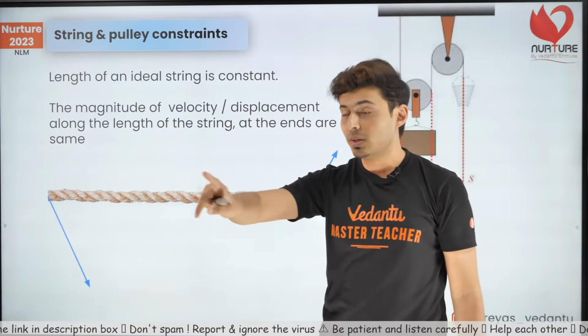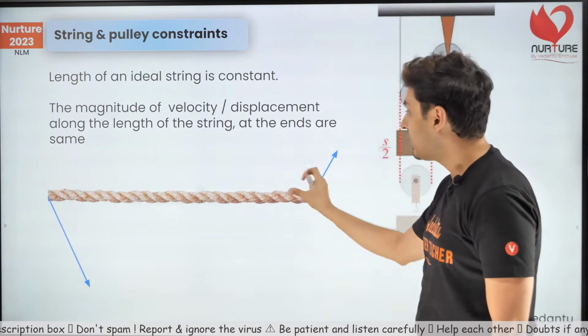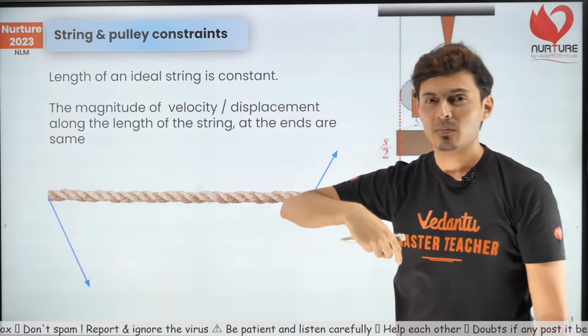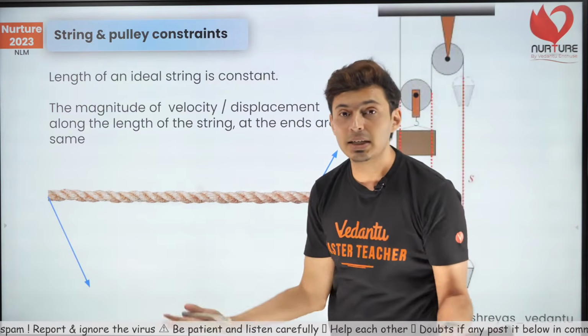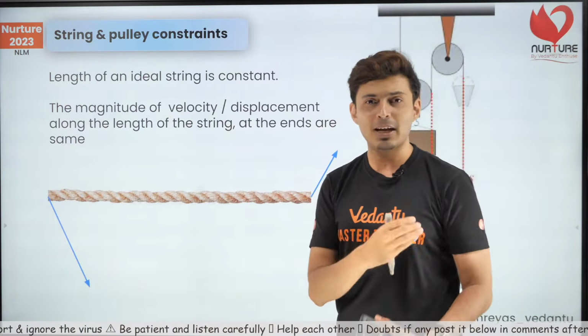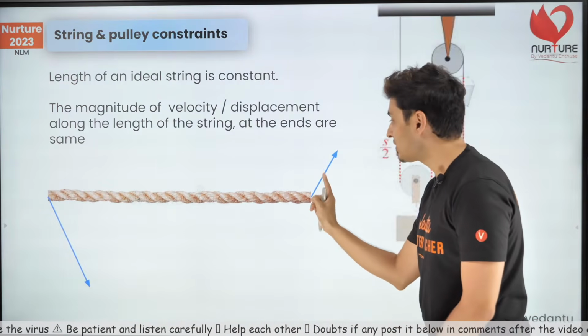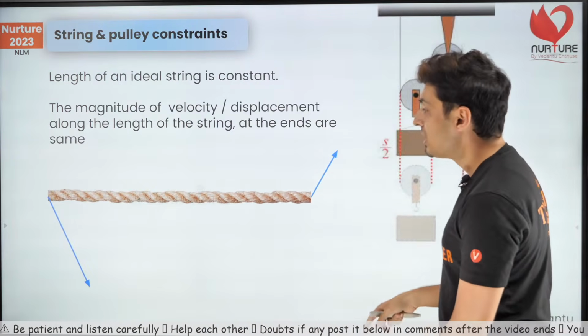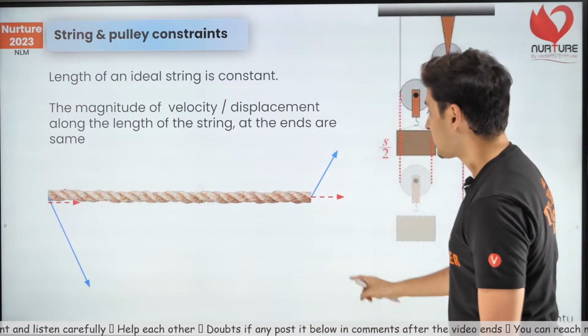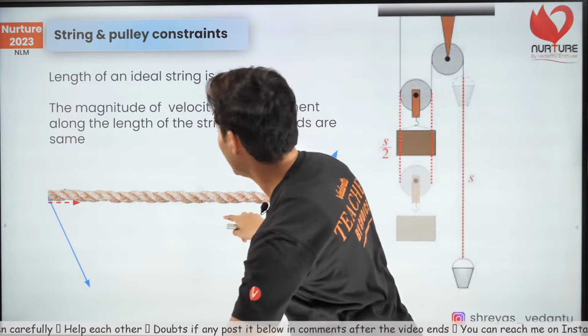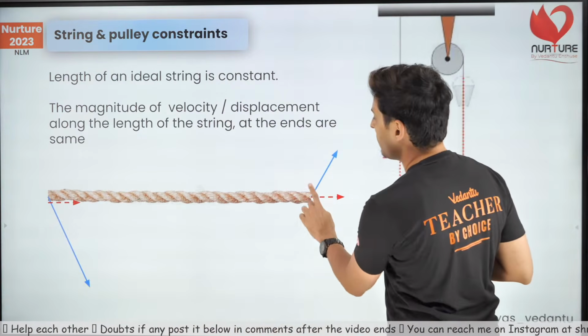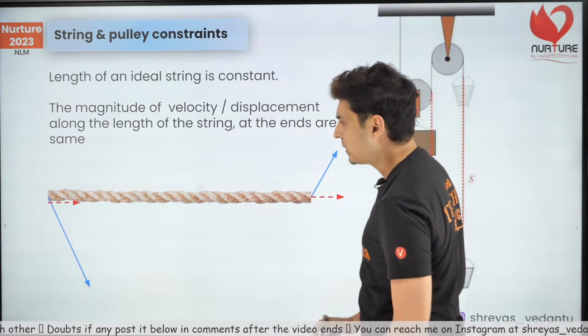Now what you should do, take the component of these velocities along the string. You have learned vector splitting, vector resolution in vectors. So this velocity has two components, one here, and the same with this one. Look at this. This is the velocity component here. There will be one more component that way, but do not worry about it.